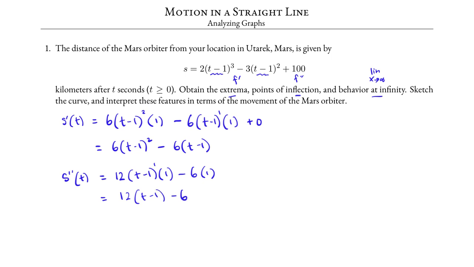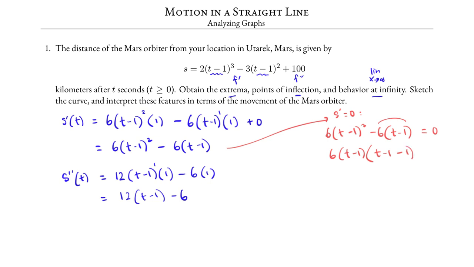We then take each derivative and set it equal to 0. Take the first derivative and set it equal to 0. This is 6 times (t minus 1) squared minus 6 times (t minus 1) equals 0. We will factor out 6 and t minus 1. What we have left is the factor of t minus 1 in the first term, and for the second term we factored out everything already, so we still have 1 left.